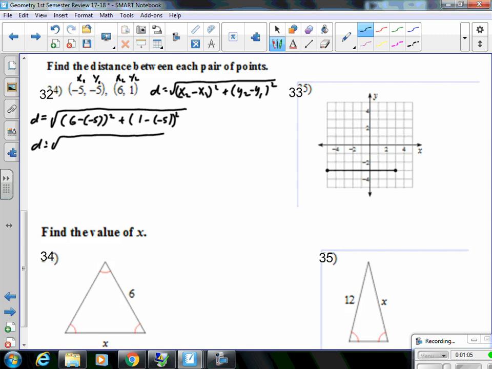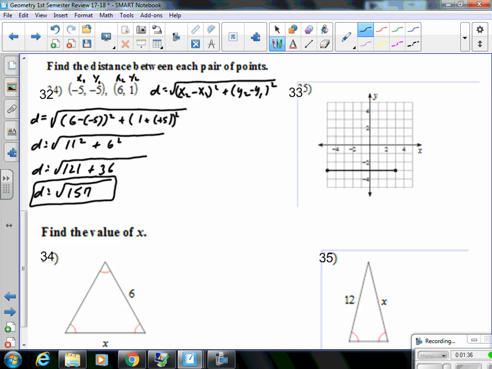So that'll be 6 plus 5, or 11 squared, plus 1 plus 5, which is 6 squared. The distance is going to be the square root of 121 plus 36, or the square root of 157, which I don't think will break down any further than that.